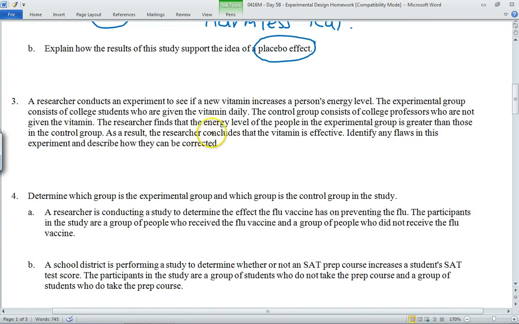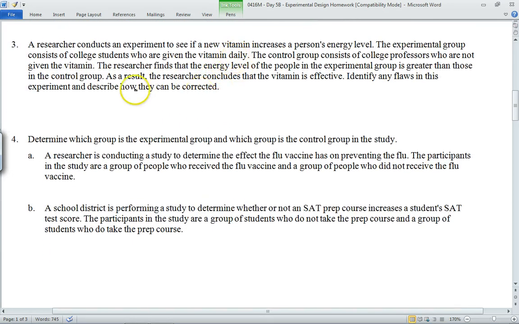Okay, let's look at problem number 3. A researcher conducts an experiment to see if a new vitamin increases a person's energy level. The experimental group consists of college students who are given the vitamin daily. The control group consists of college professors who are not given the vitamin.